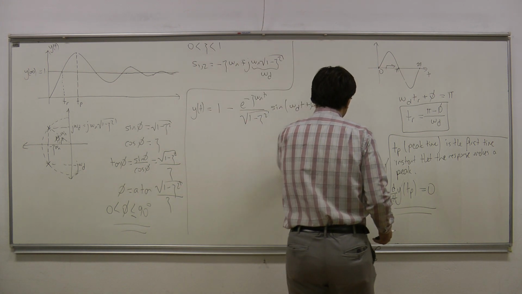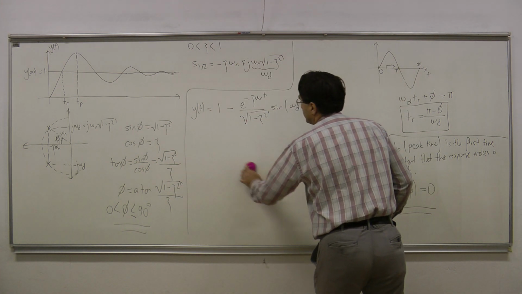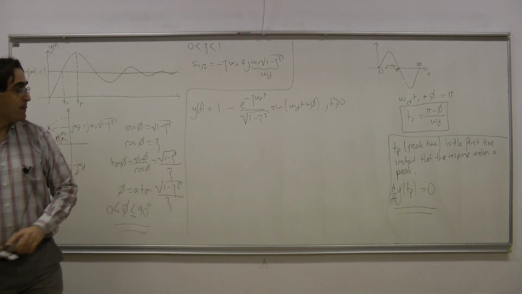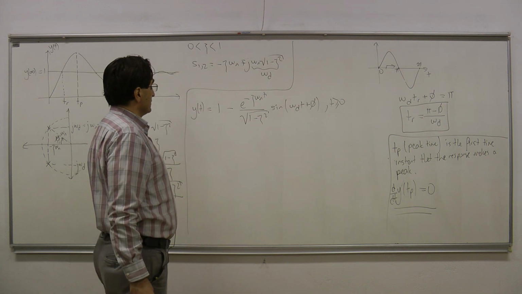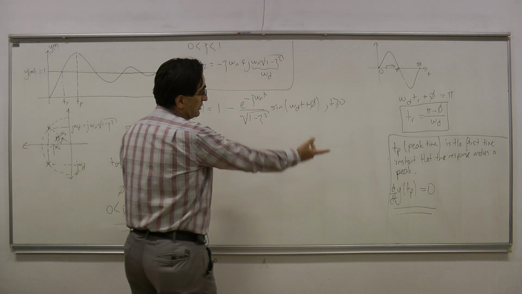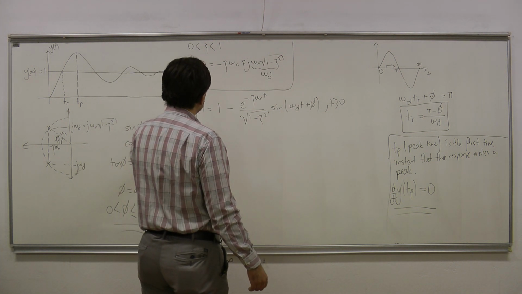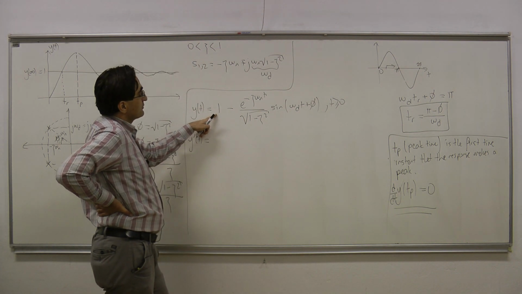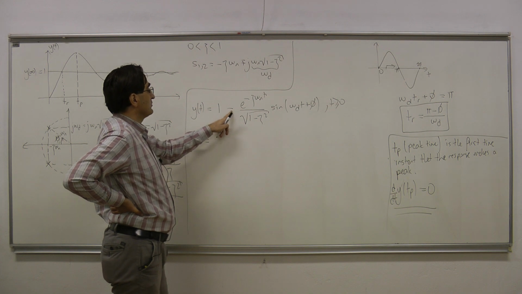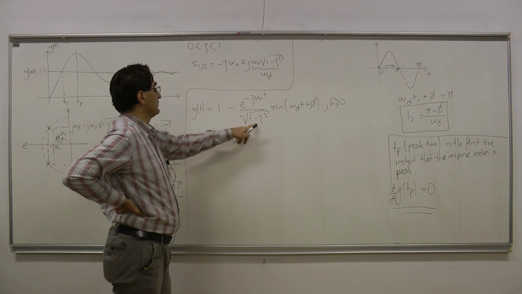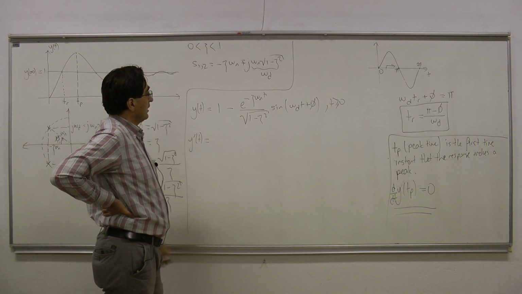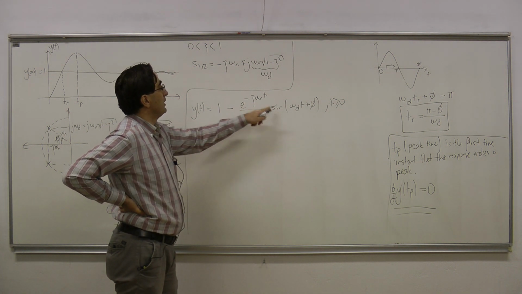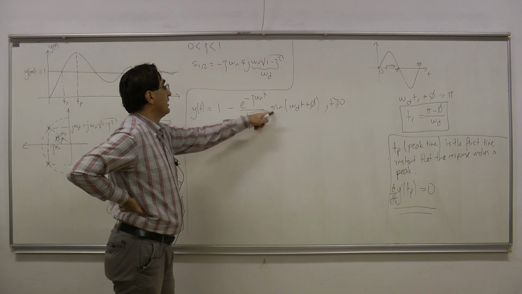So now I need to actually find the derivative of this response. Okay? So here let me take the derivative with respect to time. Instead of d over dt, I will write y prime of t here. That is going to be, the derivative of this constant is 0, and this minus sign and this number are just constants with respect to time, and I have the multiplication of functions of time here.